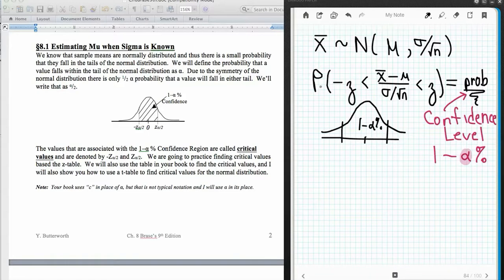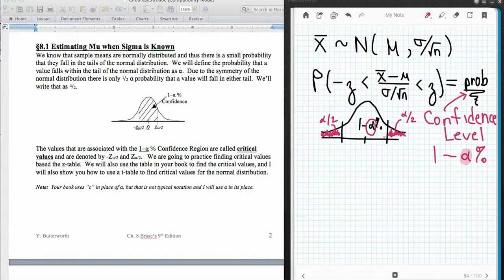And that's what this notation says here. So what that really means is that over here in this tail and in this tail together, there would be the alpha, right? And that means that this is alpha over 2 and this is alpha over 2.